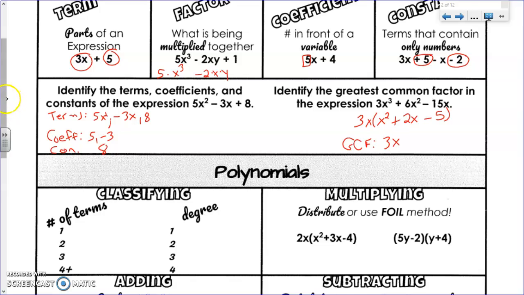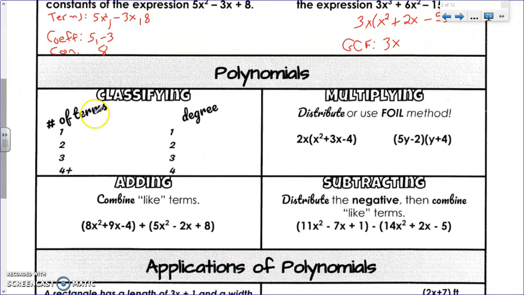Okay, so let's talk about classifying. In number of terms, 1 is a monomial, 2 is a binomial, 3 is a trinomial, and 4 is a polynomial.